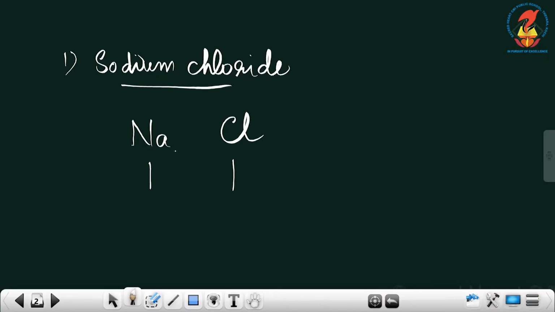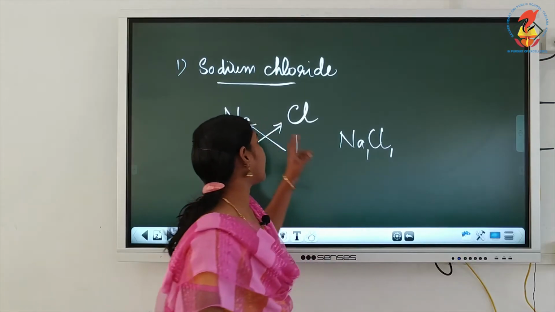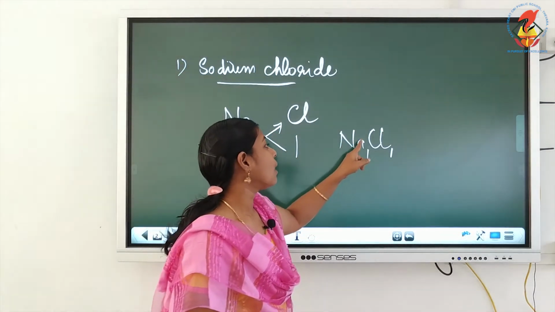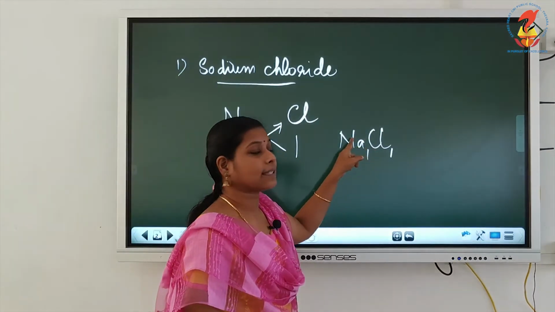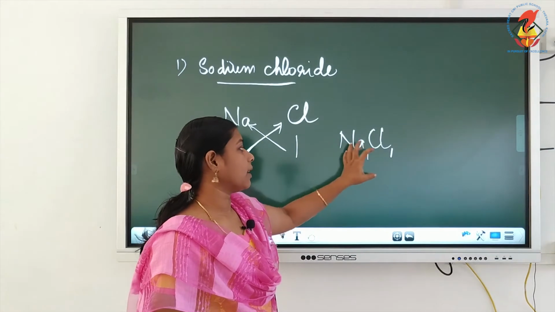Here there is no common factor, so we just cross over. If there is no common factor, we can go to the next step, and here we will write it as Na1 and Cl1. When writing the chemical formula, we should not leave any space between them. It should be very close to each other.